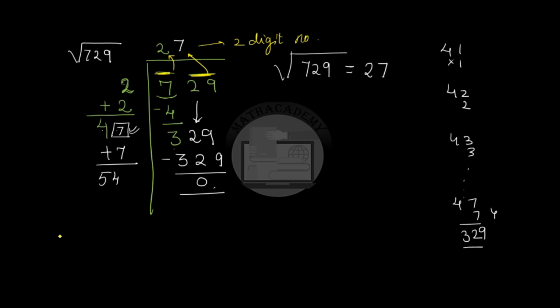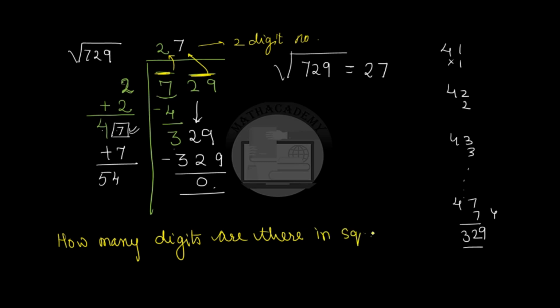How many digits are there in the square root of 27225? We don't have to find the exact square root. We have to tell how many digits will be there in the square root of 27225.